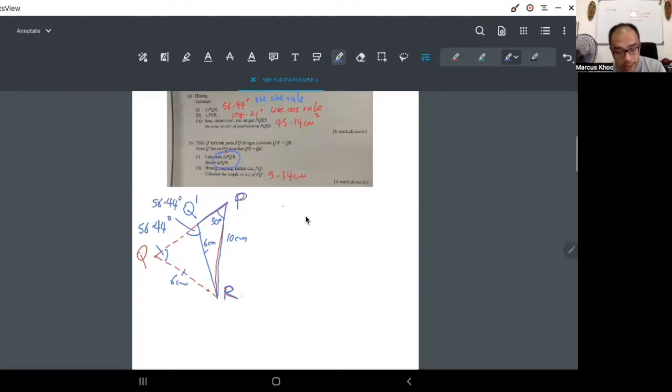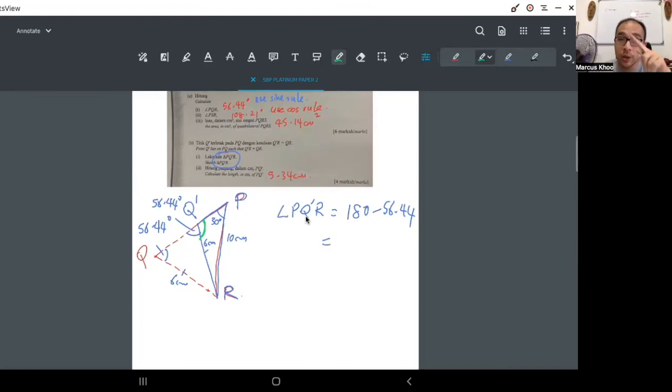Therefore, the angle of PQ prime R is 180 minus 56.44. This is the one in green. You don't have to show it on the drawing. I'm just showing it to you because now we're drawing it.